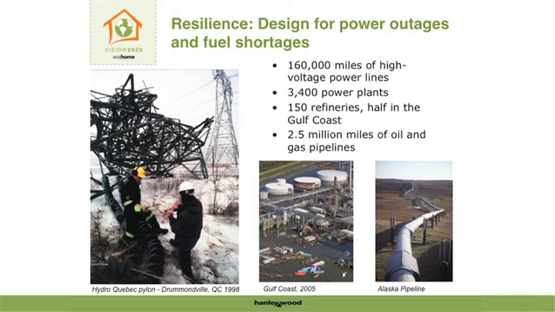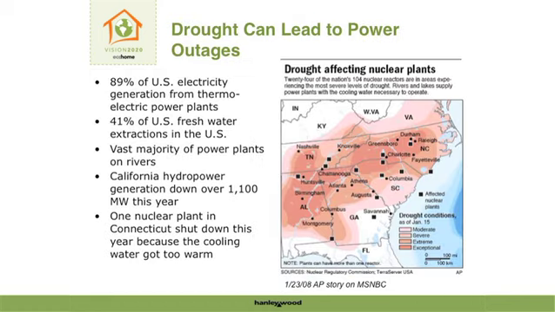We looked not only at making buildings more resilient to the exact storm, the event, whatever it is, a storm or a flood, but also what happens in the aftermath. And power outages are going to become increasingly common for many reasons, even drought. A lot of people don't realize that 89% of our US power production is with thermoelectric power plants that require a lot of cooling water to condense that steam back into water.